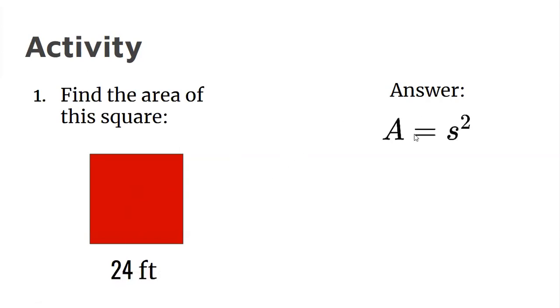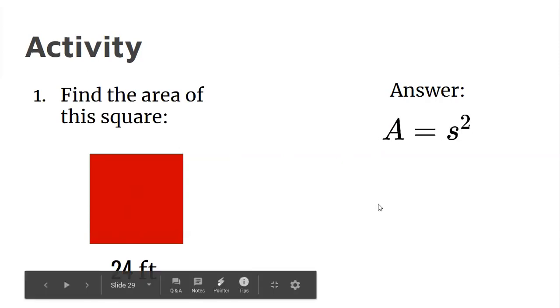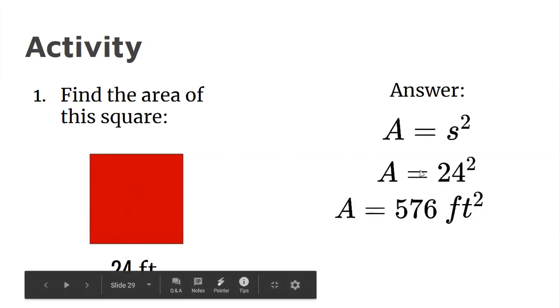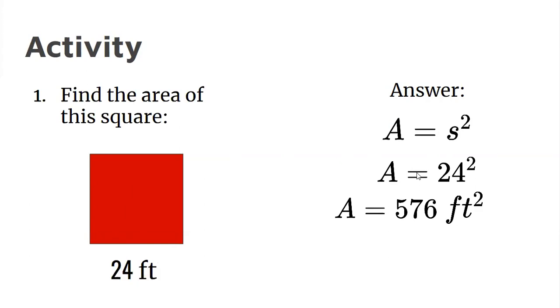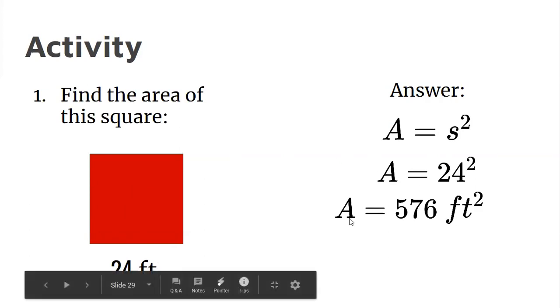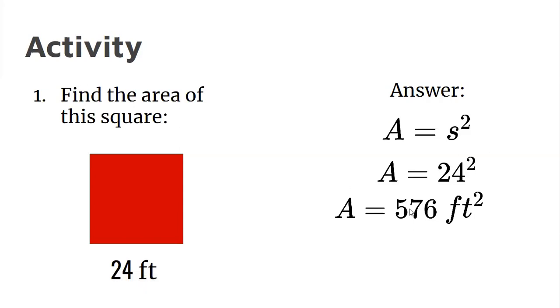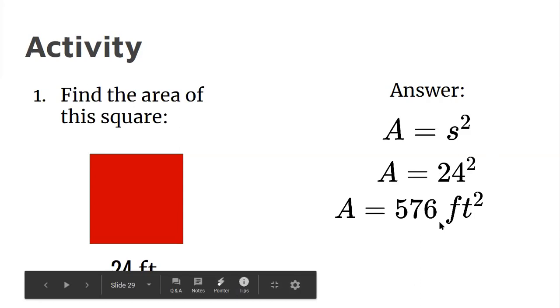We'll use A equals S squared, area equals side squared. Plug in 24 feet for S because it's a side. Then area equals 24 squared, and once you square the 24, it equals 576 feet squared.